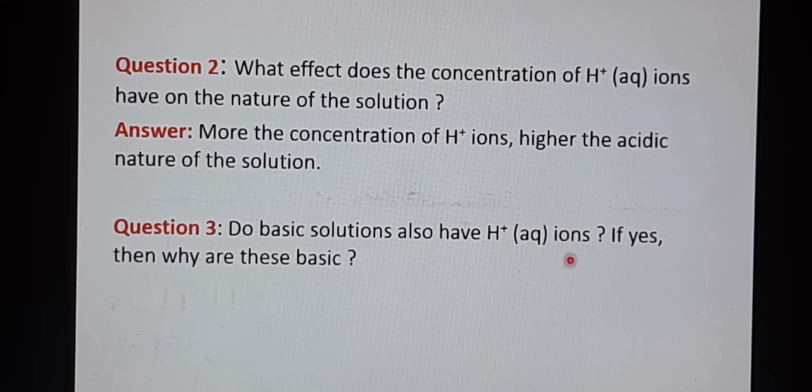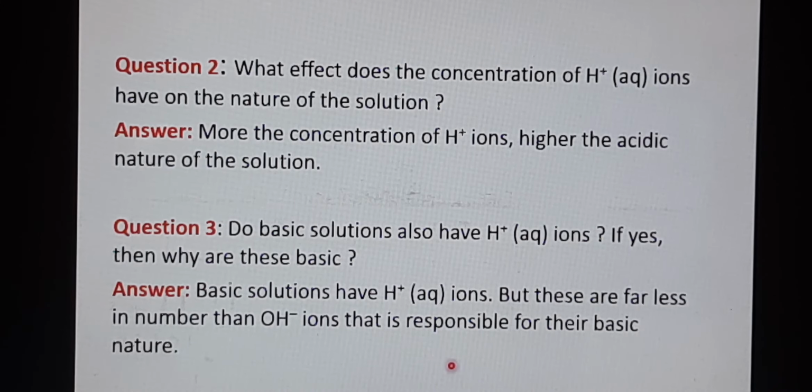So the concentration of H positive ions is very low in bases as compared to the concentration of OH negative ions. Basic solutions have H positive ions, but they are far fewer than OH negative ions. This is responsible for their basic character.